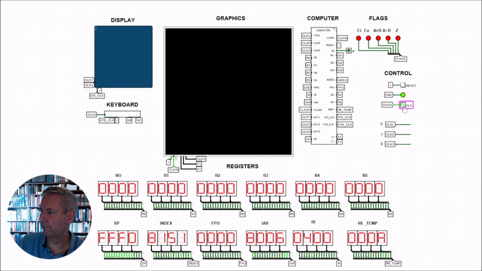We then take our value of 20 and we put it in register R0, so that's it here. And then we push that value onto the stack, and you see the stack pointer dropping by a value of 1. We then grab the other value, which is our 10, we put it in register R1, and then we put that into the stack as well.